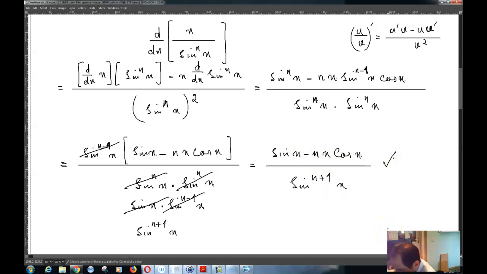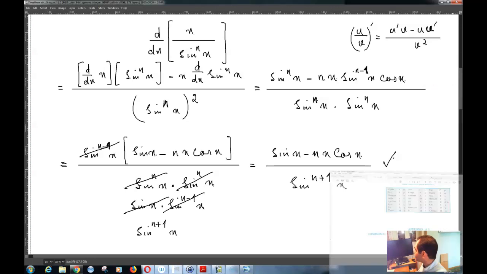Okay, so we are done here. The next chapter of this book, chapter 14 of class 11, is about mathematical reasoning.